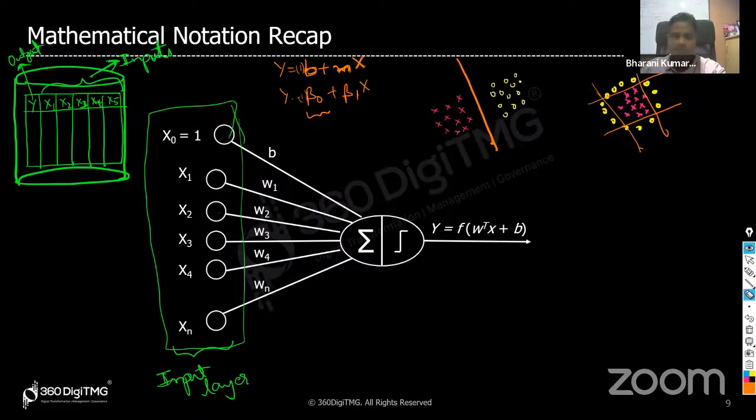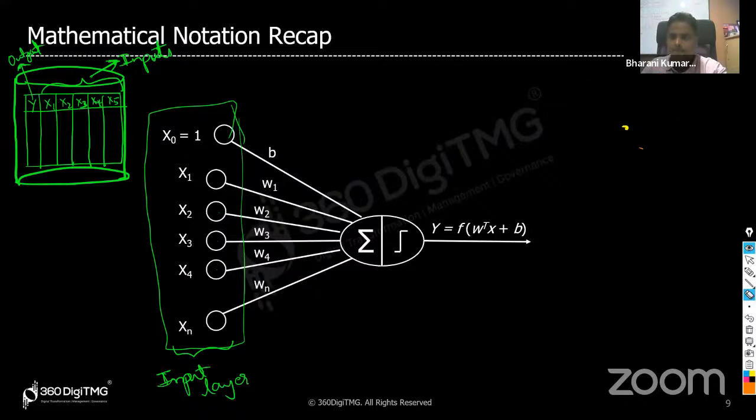Okay. So this is non-linear, this is linear. Now, all of these are called weights. And these weights are randomly initialized.